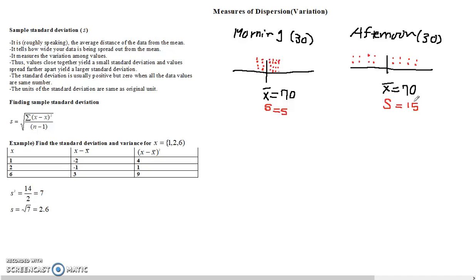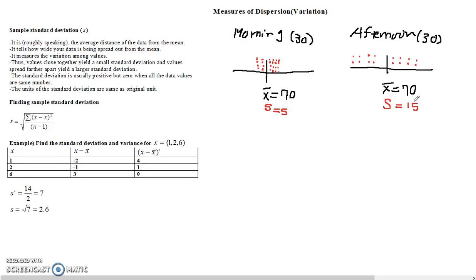Now, how do we find the sample standard deviation? Remember, for sample standard deviation we use s, but if you use the population standard deviation, we use something else. We'll talk about that in a later video. So let's make sure that we are using the sample standard deviation, small lowercase letter s.